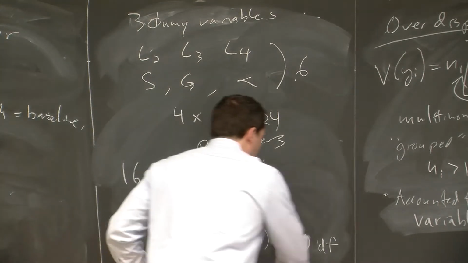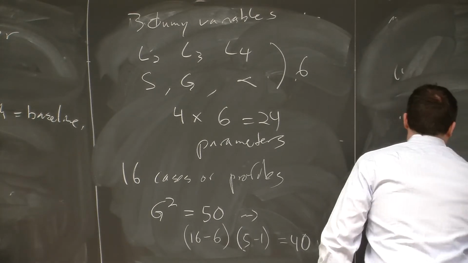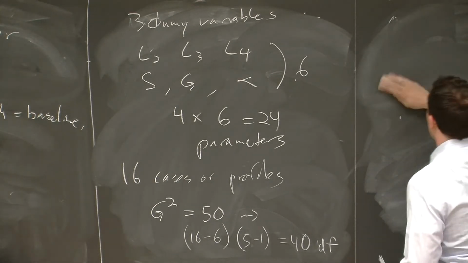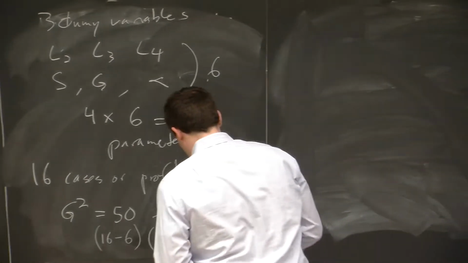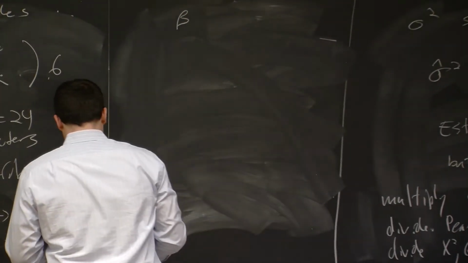And then if you throw this into your software and you compute the coefficients, you'll get a whole bunch of coefficients, an estimate of each beta.